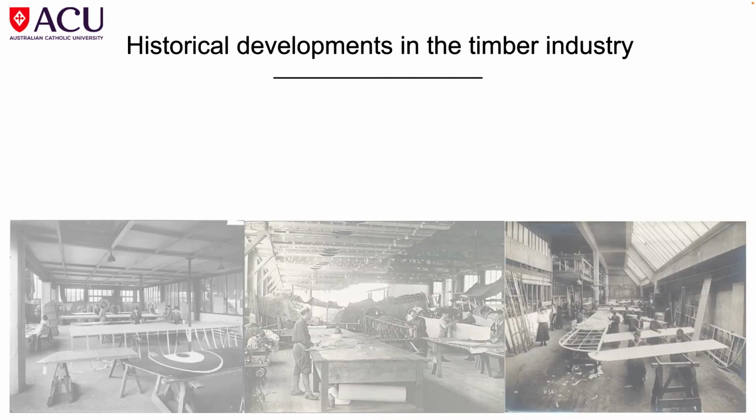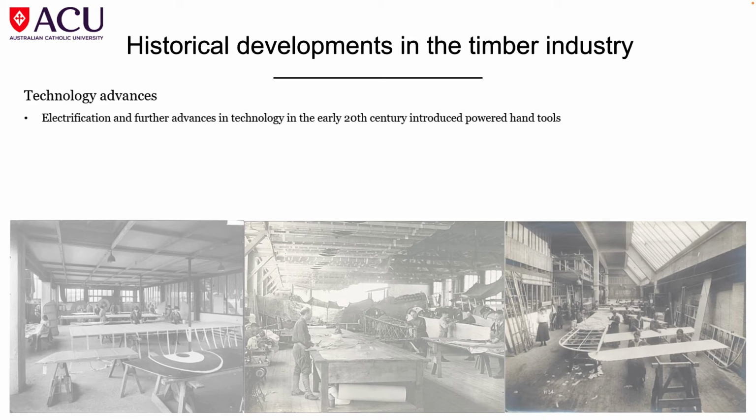Okay, you can probably see what's coming with what you can see in these images here. So technology moves on. Now electrification, and it's really important not to underestimate the impact of electricity. As I said before, you'd have to have a steam engine and some sort of belt drive mechanism.